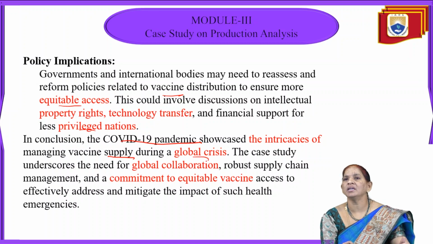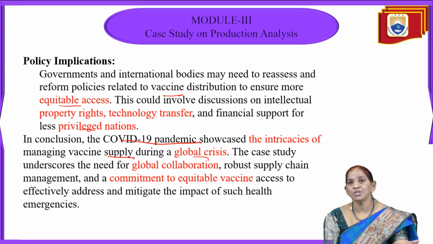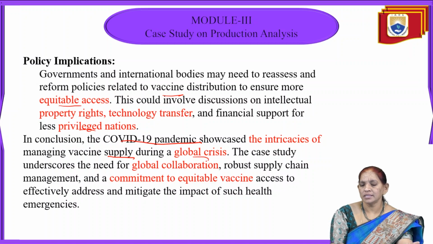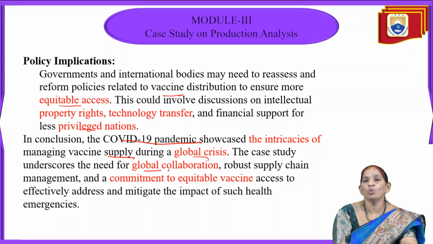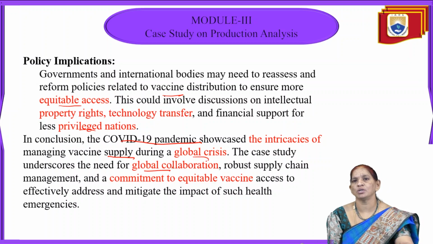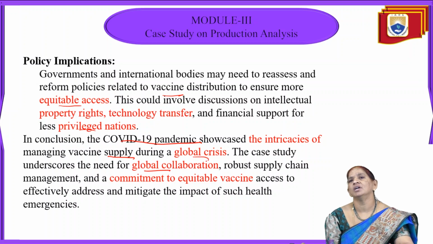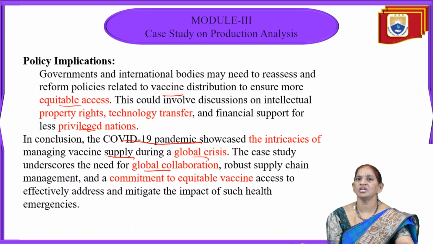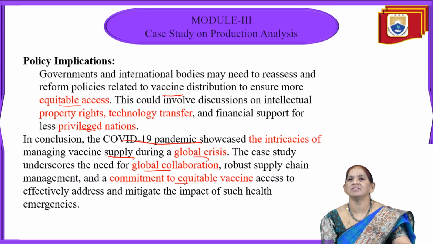It shows how international agencies and different governments managed this supply crisis, and this case study also underscores the need for global collaboration, meaning coordination and cooperation at the international level, which strengthens supply chain management and commitment to equitable vaccine access.